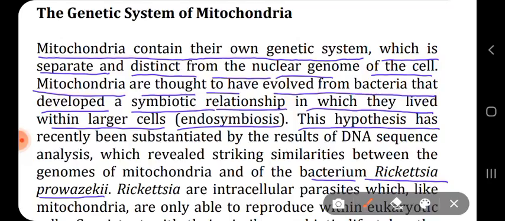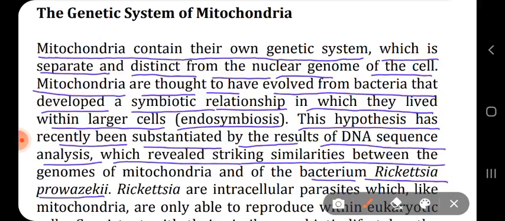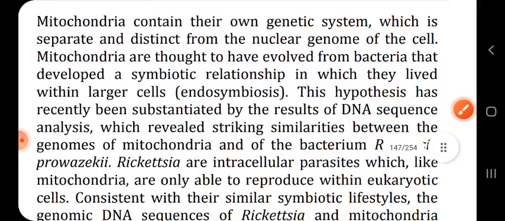This hypothesis has recently been substantiated by DNA sequence analysis, which revealed striking similarities between the genomes of mitochondria and of Rickettsia prowazekii. From this, we can conclude that mitochondria evolved from Rickettsia prowazekii, a bacterium.